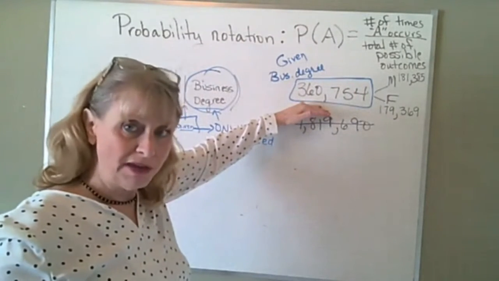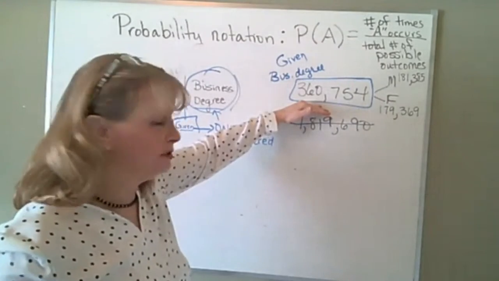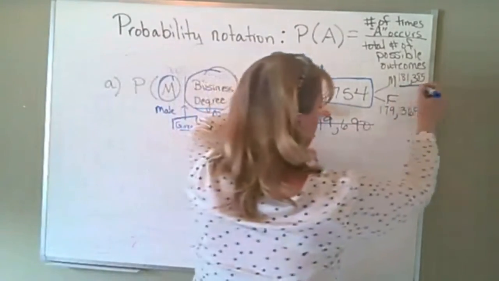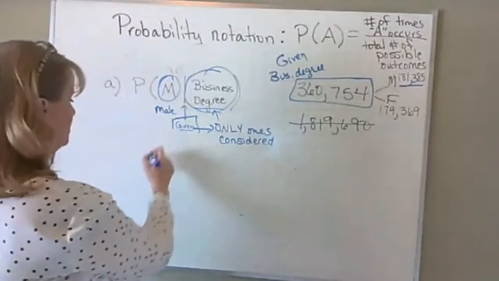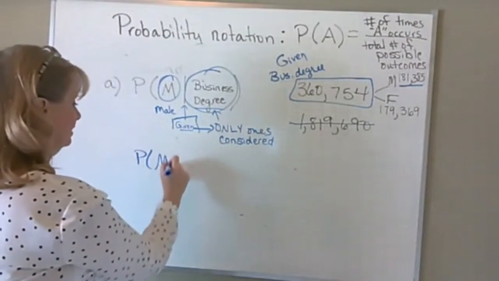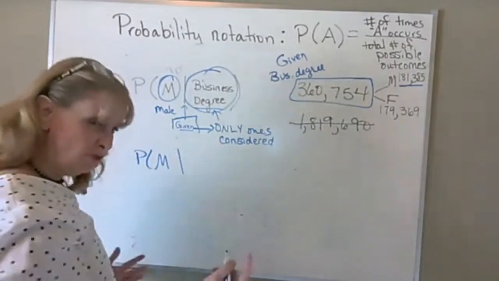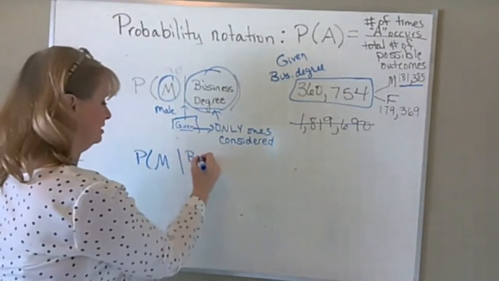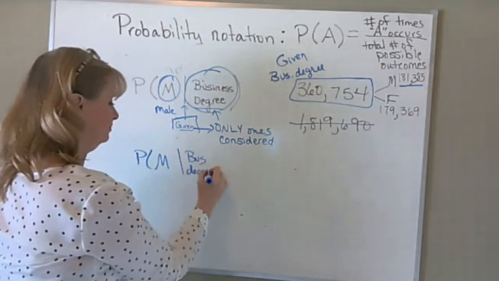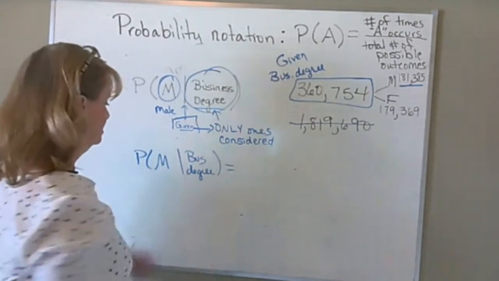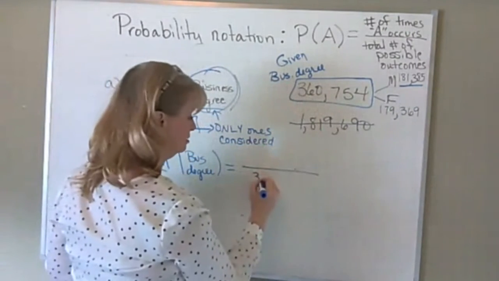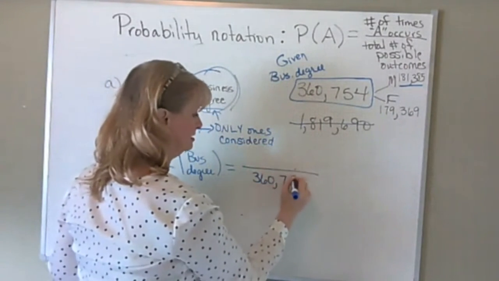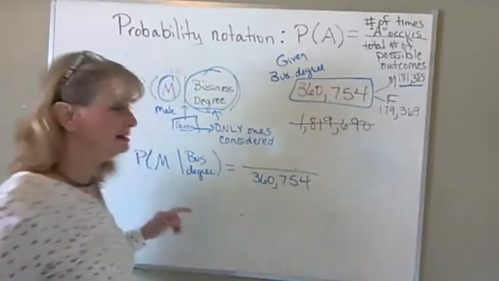So the probability that they're male, given that we already know they have a business degree, is, so I put my total number as that new sample space that meets the condition.